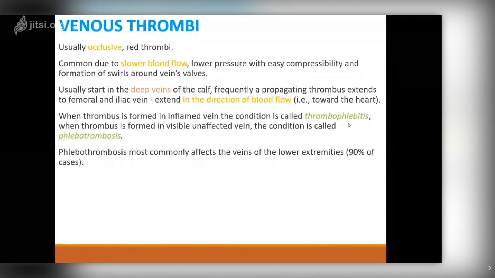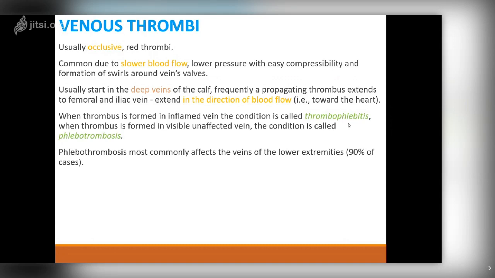Venous thrombi are usually occlusive red thrombi, usually developing in vessels where there is very slow blood flow, low pressure, vessels that may be very easily compressed from outside, and usually in veins where there is varicose dilation, where there is formation of spirals around vein valves, and these thrombi may propagate, grow in extent to the heart.